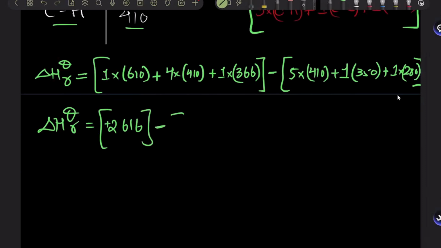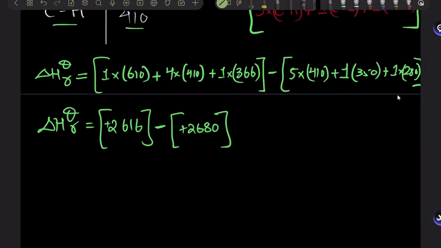And then minus, what's the second bracket? It's 5 times 410 plus 350 plus 280. That's 2680, so it's positive 2680. And since this is released energy, and I catered for that in this formula, remember that.